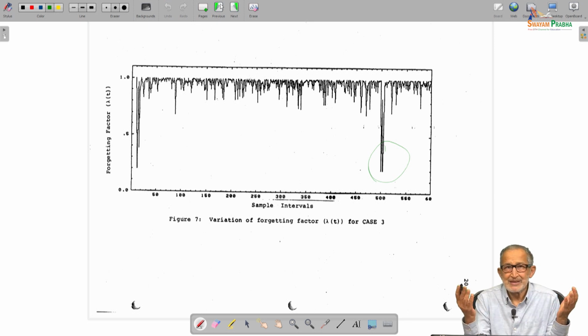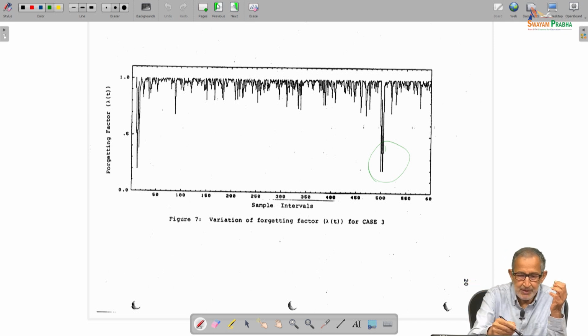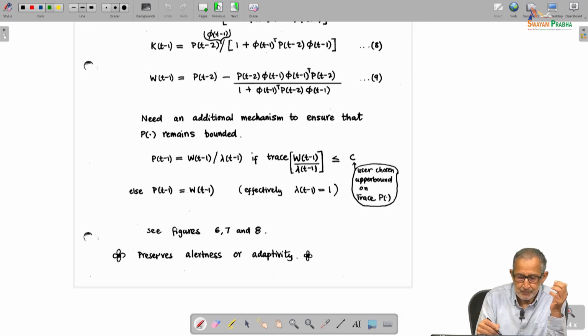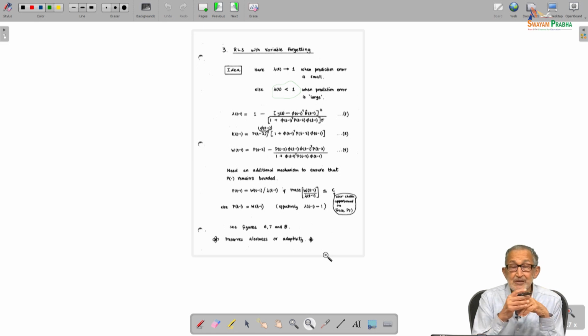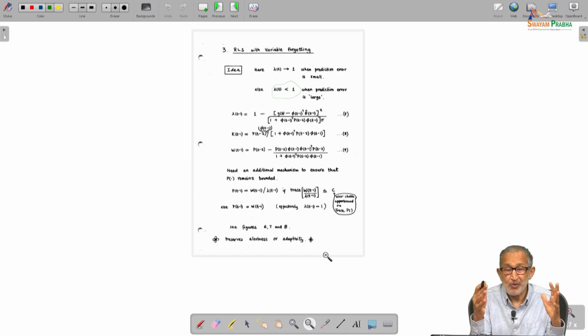So basically, this algorithm that we developed here does work, and this is the algorithm that we will demonstrate the use of in the adaptive application that I will be able to share with you. Thank you.